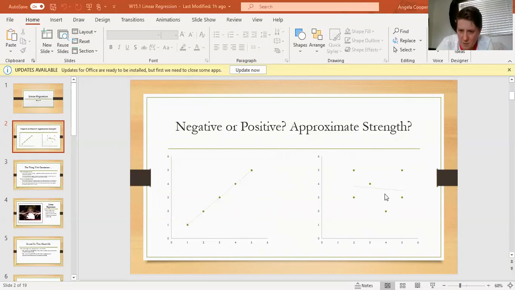On the right, you'll see this regression line, the line of best fit, sloping in a negative direction slightly. So I would say that is a negative correlation, and the approximate strength, I would say, is weak. Maybe it's like R equals negative 0.1 or thereabouts.